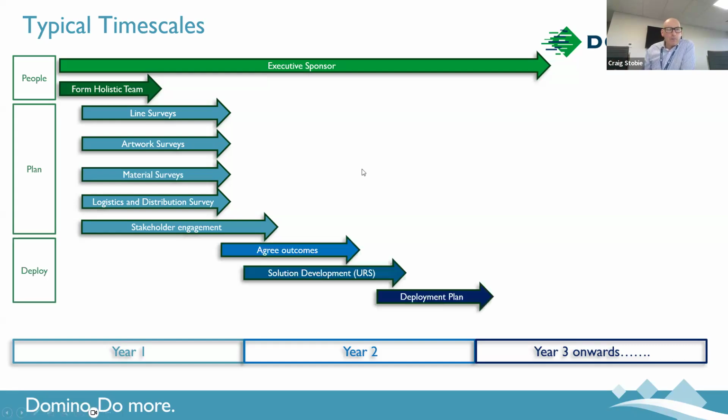You could hit the next button, please, Ben. So then think about deploying, and these are the first deployments. You can start that before the plan's fully formed, and it's important to have a clear vision of what outcomes you're looking to achieve, what the range of solutions needed to enable this, and what the initial deployment plan looks like.